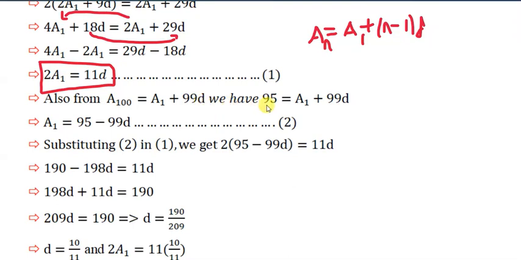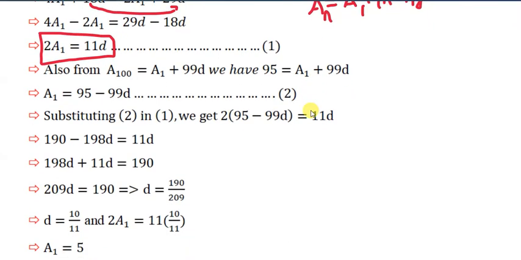Since our a100 is 95, as given above, it is equal to a1 plus 99d. Replace a100 by 95 because it is already given.